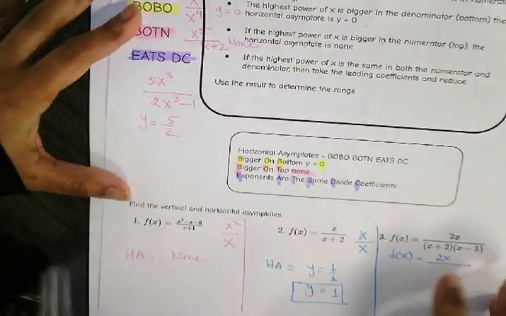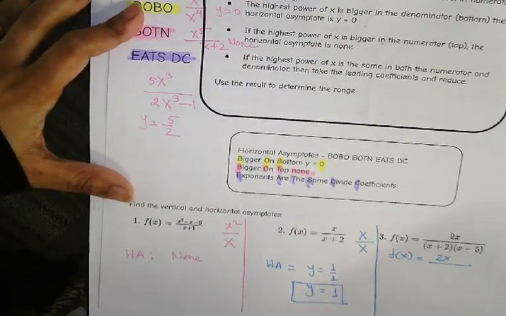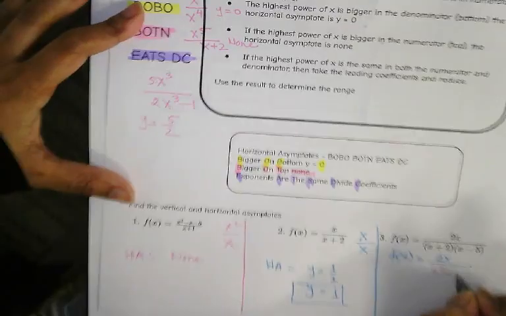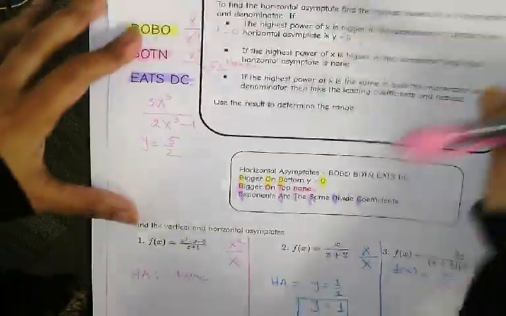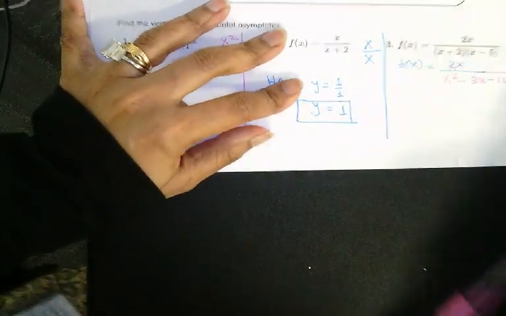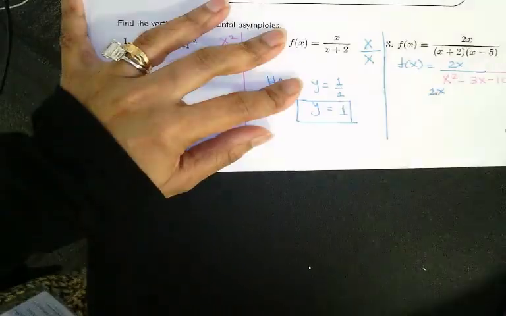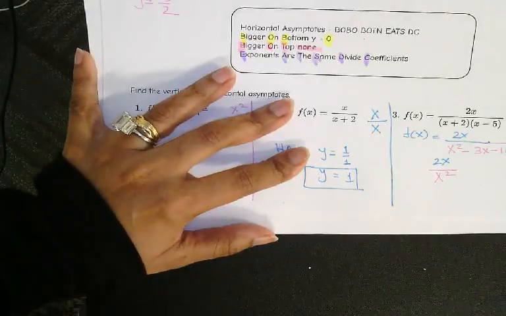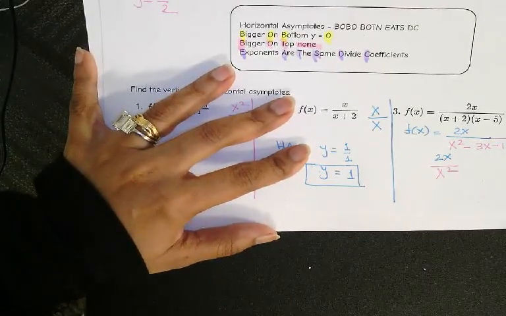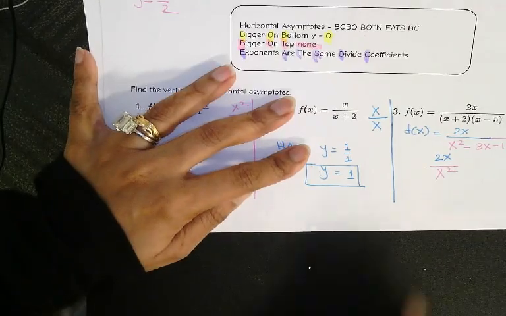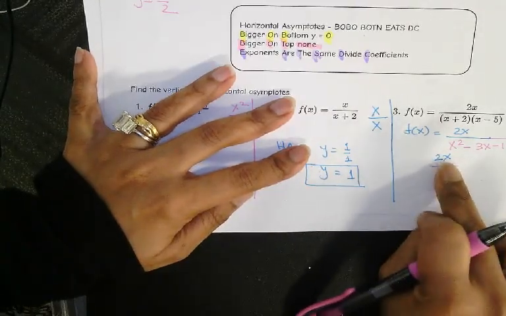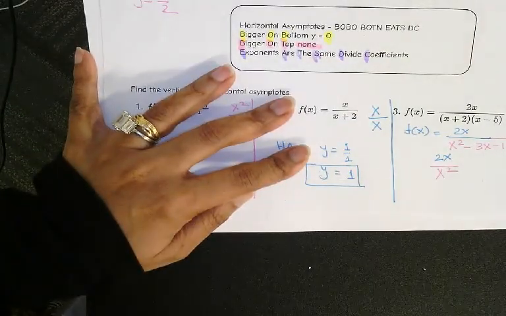Okay, now give me, what do I have at the bottom? X squared minus 3x minus 10. So we're just going to take the leading coefficient. So I have 2x over x squared. Which one is this one, BOBO, BOTN, or it's DC? BOBO, because on the bottom the denominator has the bigger power.